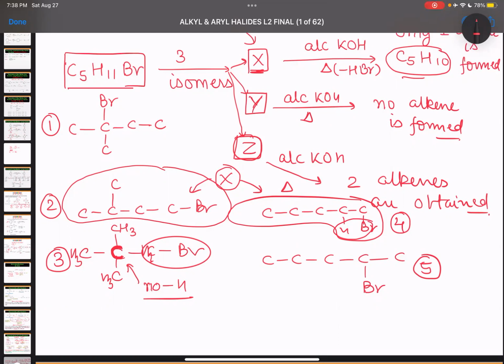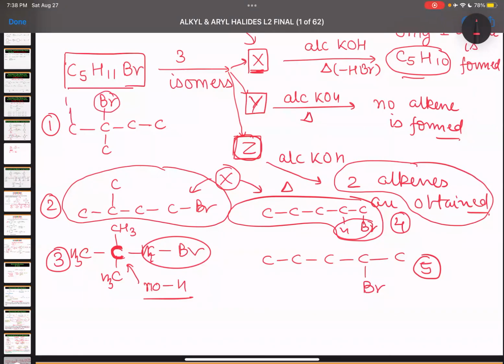Okay. And which one of them could be this? What could be the structure of Z so that it will give two alkenes? Yeah, the first one can give you two alkenes, correct?